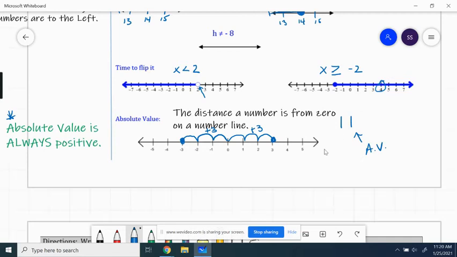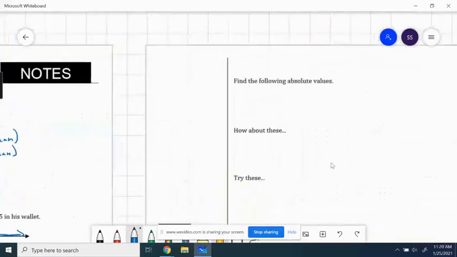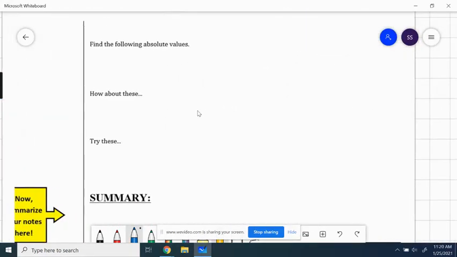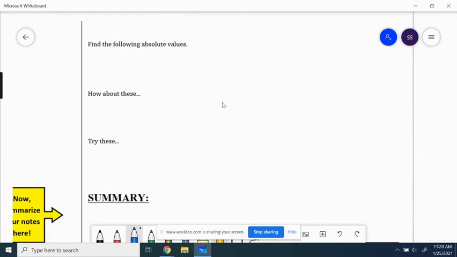All right, moving on. So let's look at some more examples of these. Find the absolute value of, let's see, how about -0.5. These absolute value bars simply mean the distance from 0.